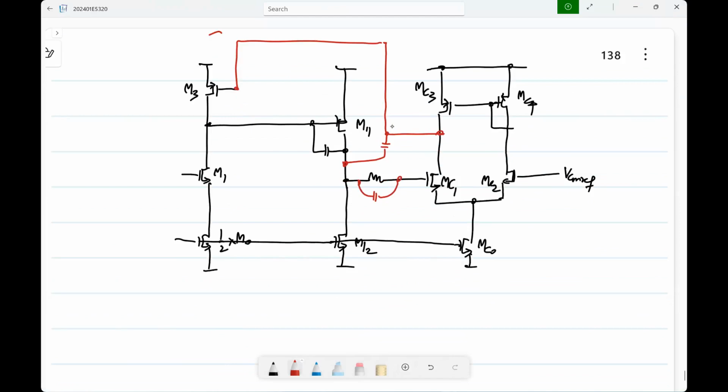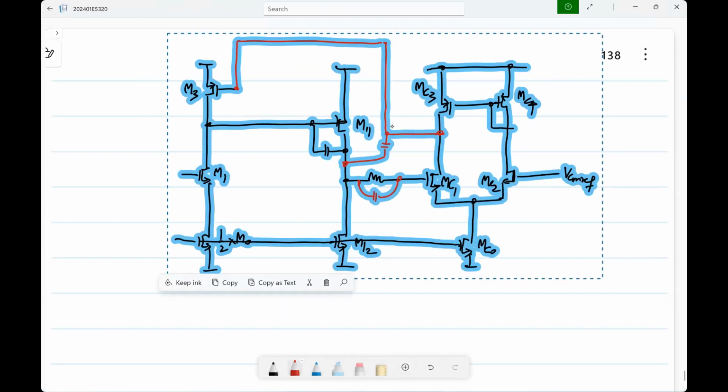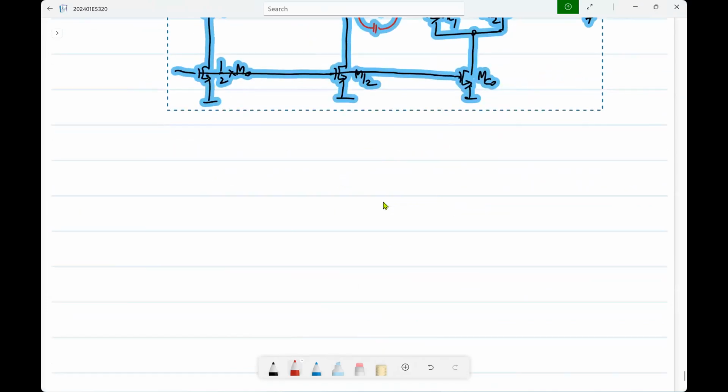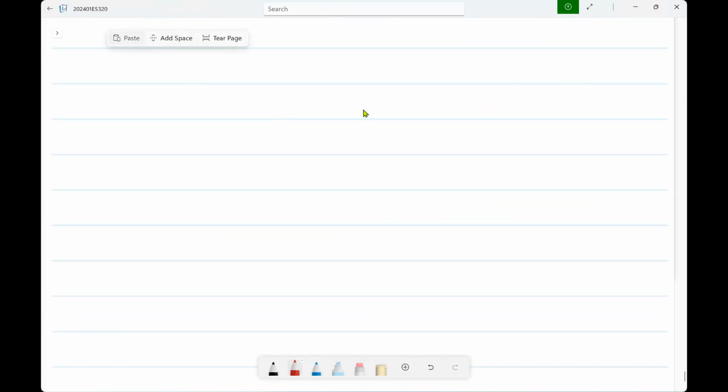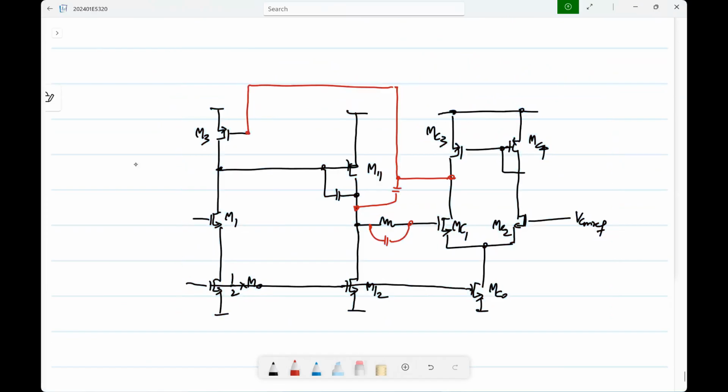So, what you can do instead is, earlier we were using this single stage op amp with a substantial gain, because there was only one more gain stage. Now, because there are already two other gain stages, you don't need to make this a very high gain stage.